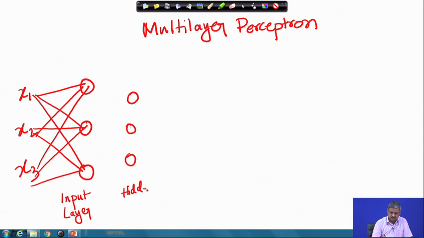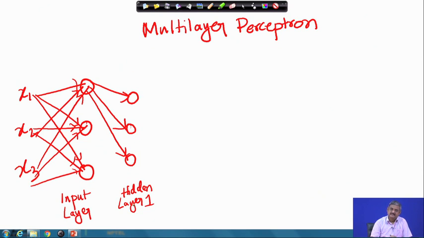This is the hidden layer, say 1. The output of each of the input neurons, let me put arrows here, will be connected to all the nodes in the next layer. So, this connects to all the nodes in the next layer, this connects to all the nodes in the next layer, this connects to all the nodes in the next layer. Similarly, you can have a hidden layer 2.